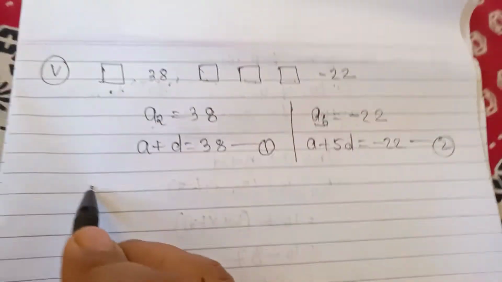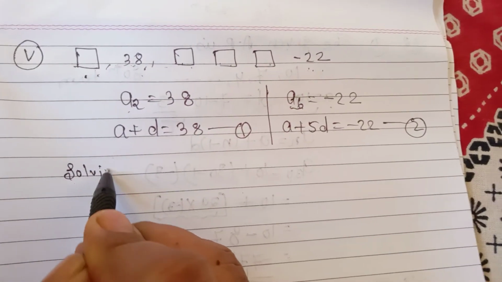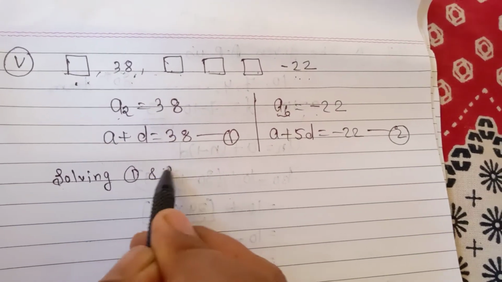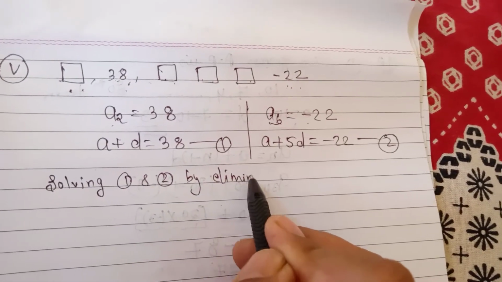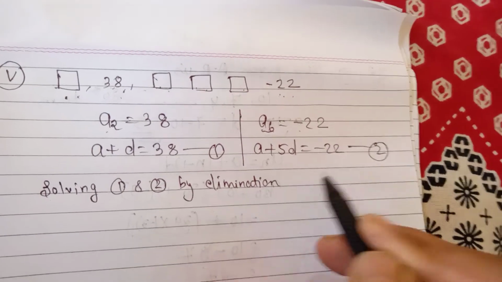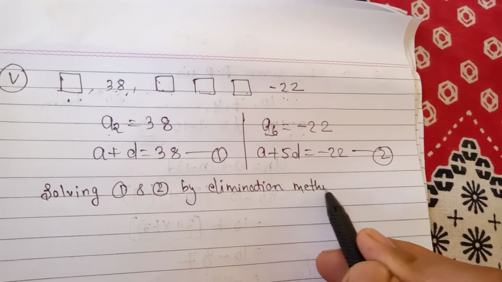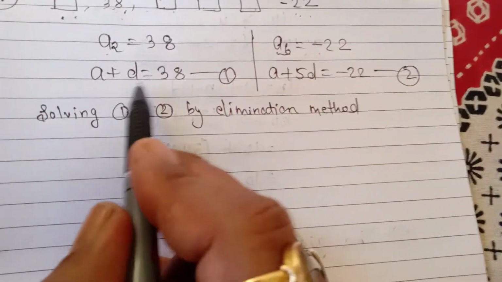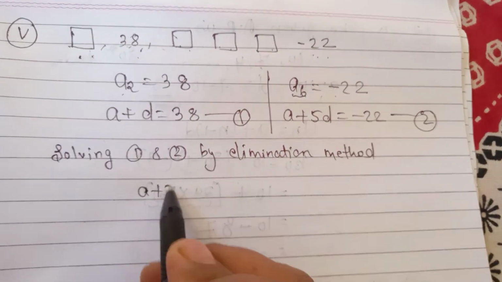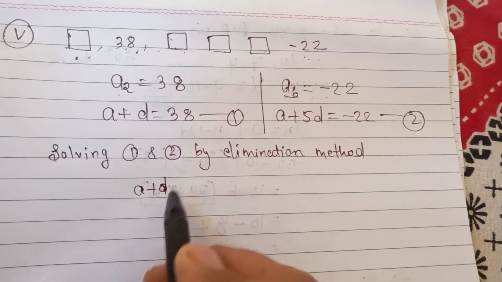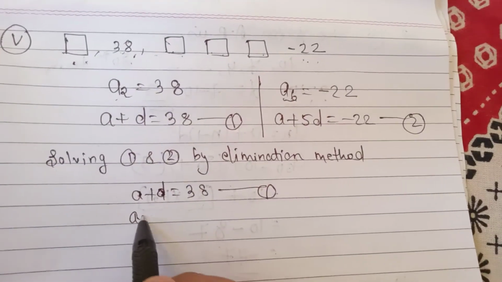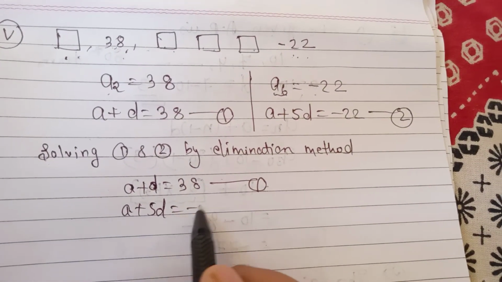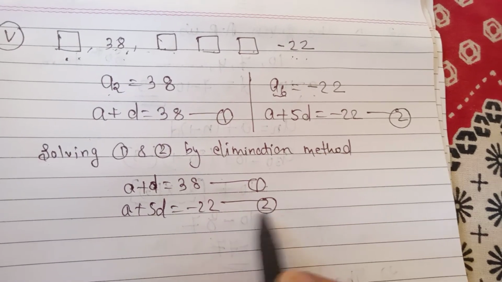Solving 1 and 2, by which method? I will use the elimination method. It is a simple and proper way to solve, and you will get very little chance of getting the question wrong. So a plus d is equal to 38, equation number 1, and the second equation is a plus 5d is equal to minus 22, equation number 2.